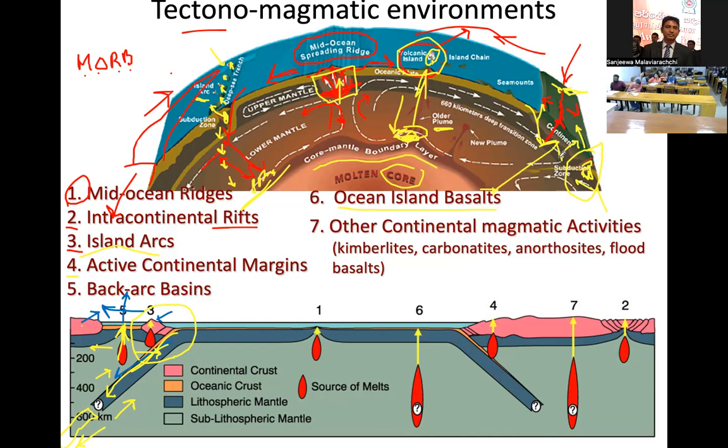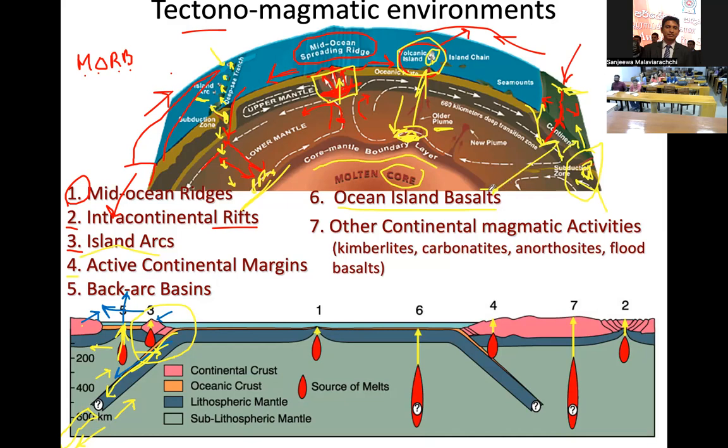Actually, the supercontinents, you can remember, like Columbia, Rodinia, Gondwana, those are huge continents, very difficult to rift, very difficult to break down, to fracture. It's very hard because they are huge supercontinents.